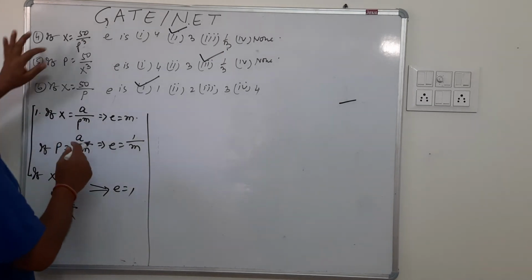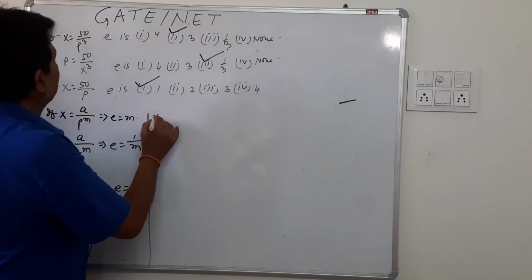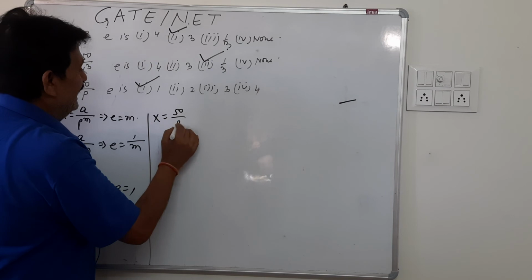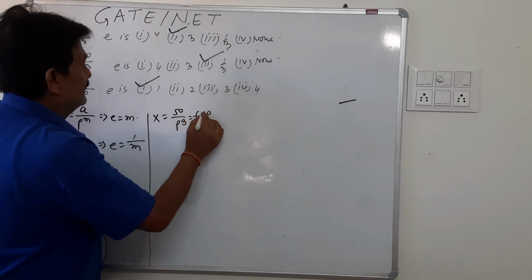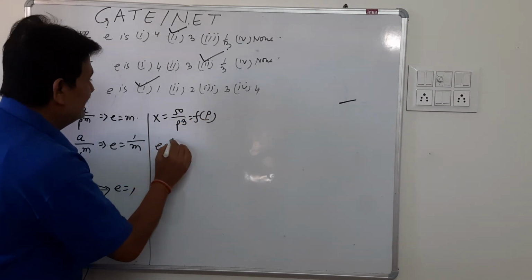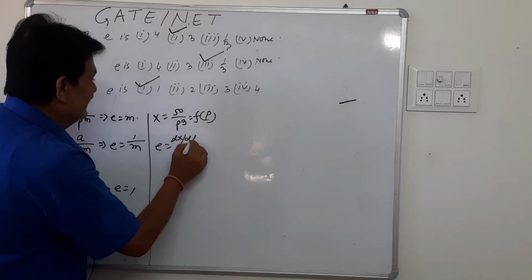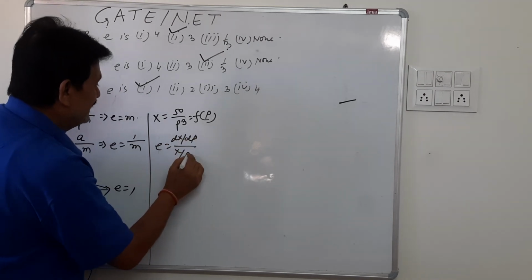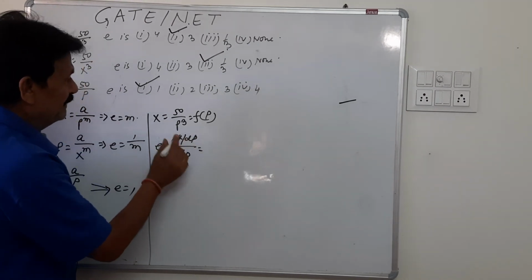Just I am showing one question, this one. x is 50 by P cube, a function of P. So elasticity is dx by dP into P by x, marginal function by average function.